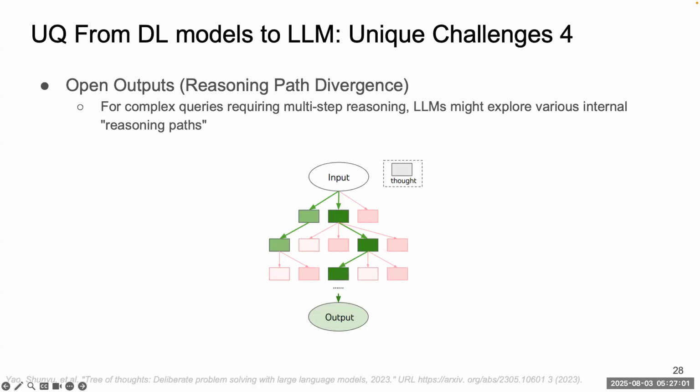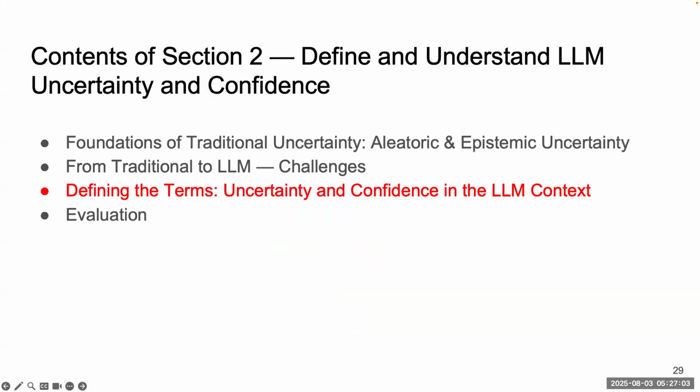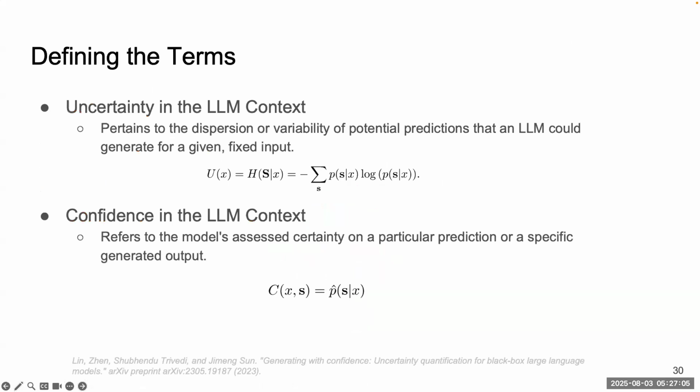Okay, we've spoken enough about uncertainty, so let's talk about the terms. Uncertainty in the language model context is mainly uncertainty in response to one certain input.